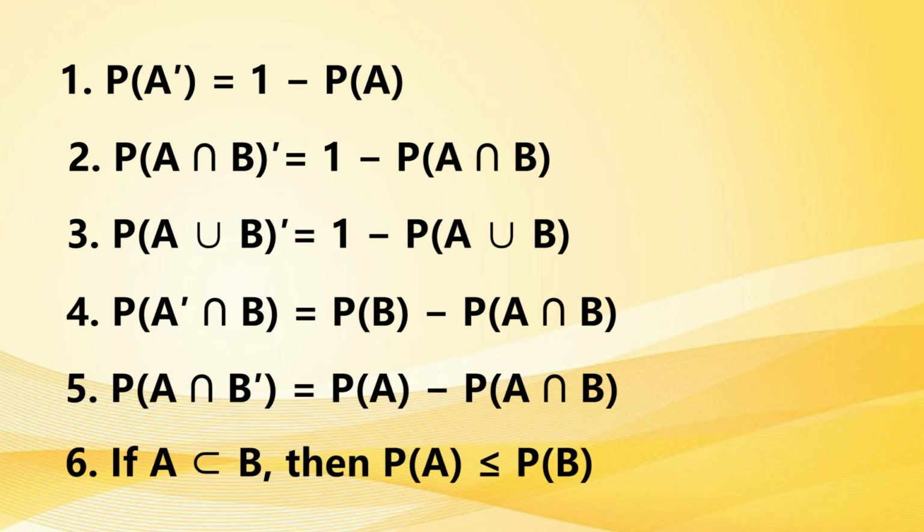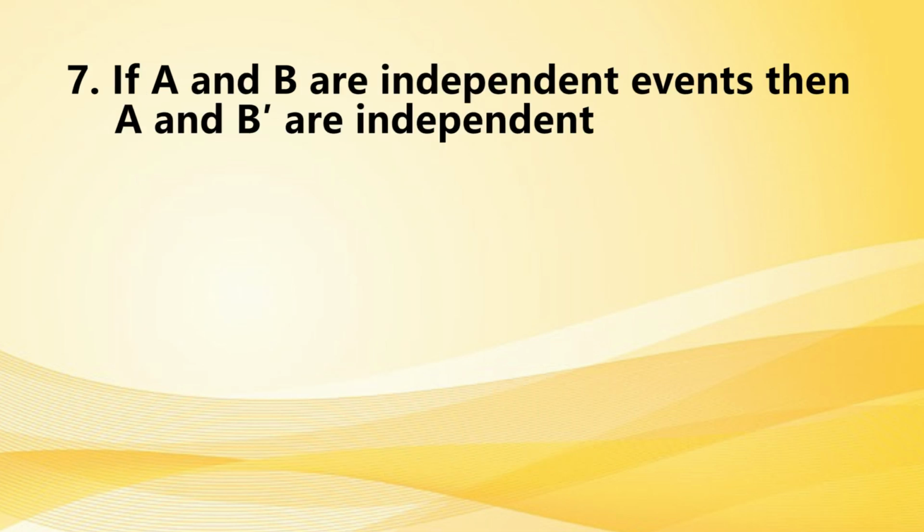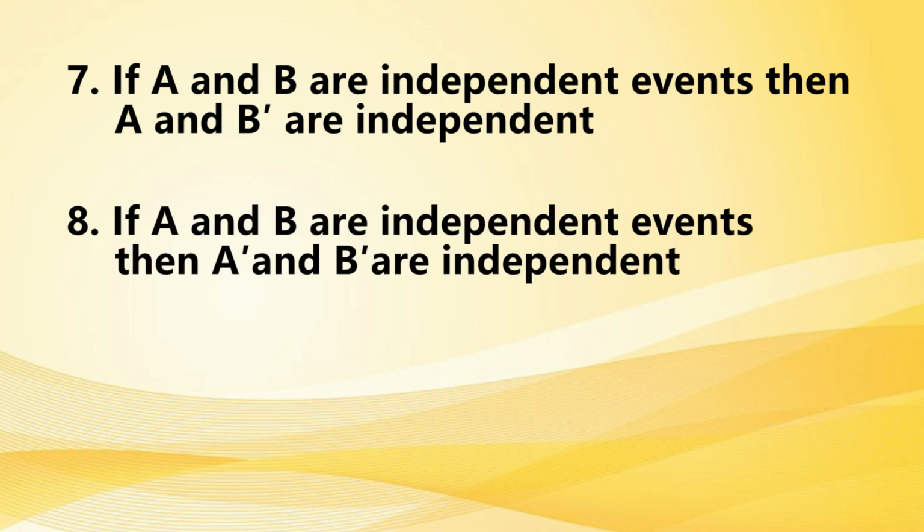If A is a subset of B, then probability of A is less than or equal to probability of B. If A and B are independent events, then A and B dash are independent. If A and B are independent events, then A dash and B dash are independent.